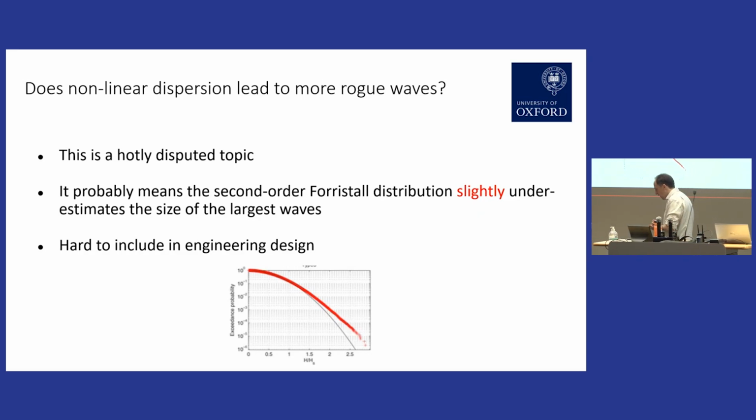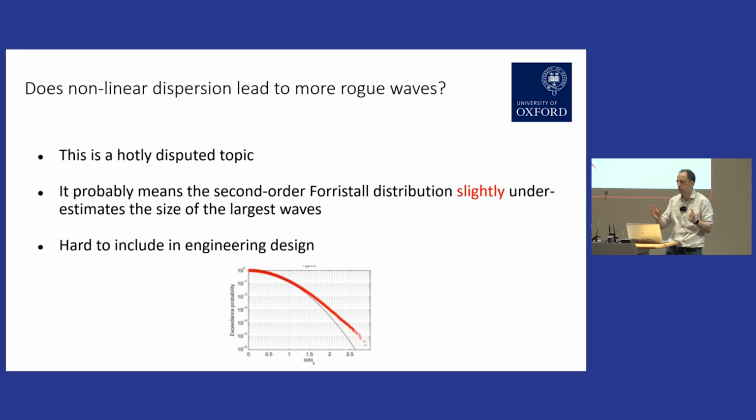And I'm more on the skeptical side as to whether I think it is, but I would concede that perhaps there may be some amplification of waves in the open ocean due to this phenomenon. There are certainly some mathematicians who are very convinced that this phenomenon produces all sorts of nasty rogue waves. And there are some engineers who do think that we should include this effect in our analysis. I personally think that that's quite hard, and it's probably quite minor.